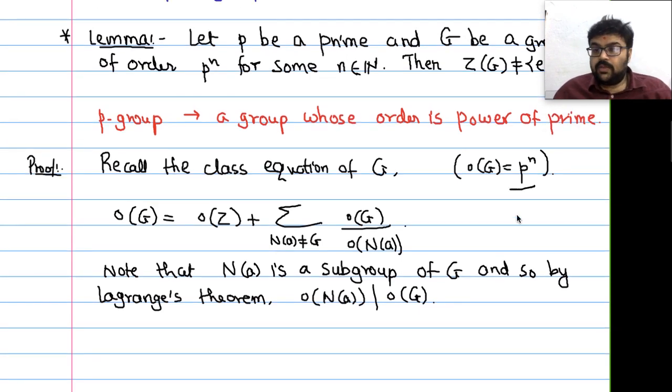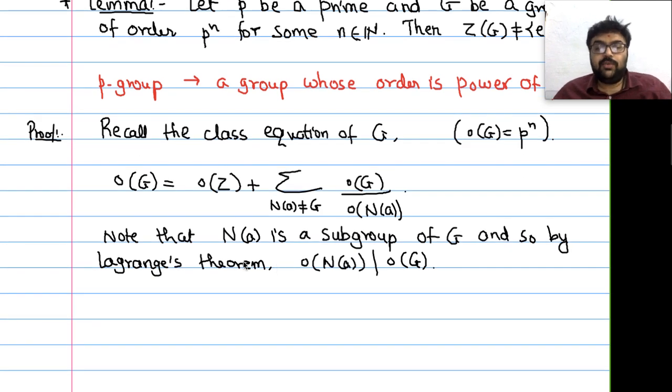Order of G is P power n, so what could be the order of N_A? It could be 1, P, P square, P cube, up to P power n minus 1. It could also be P power n. The order of N_A can also be equal to that of G.